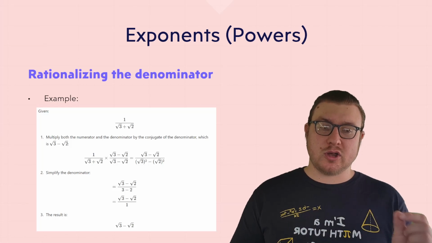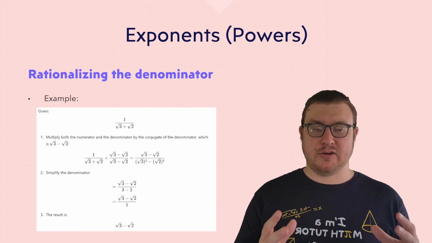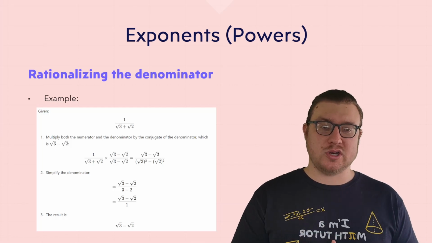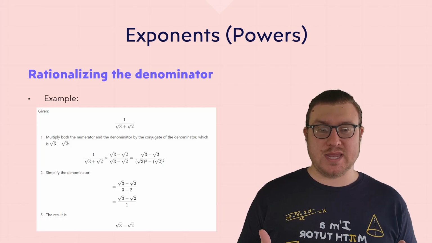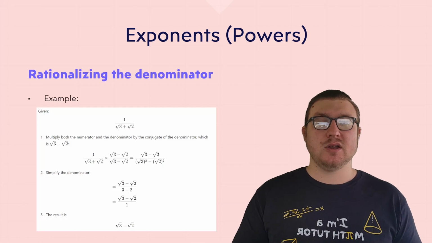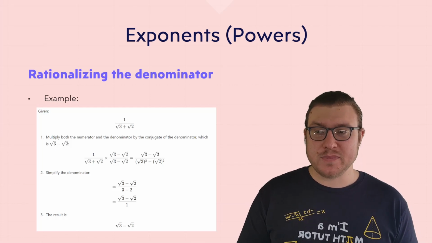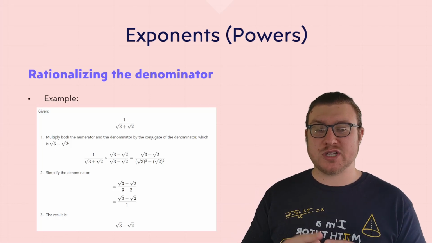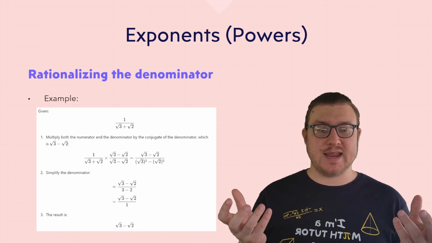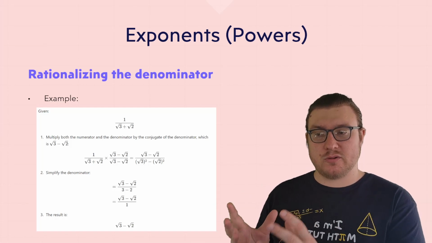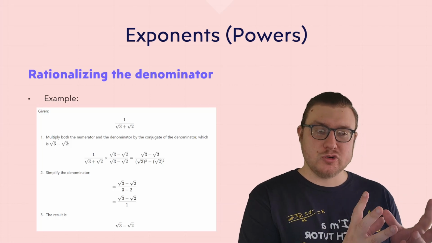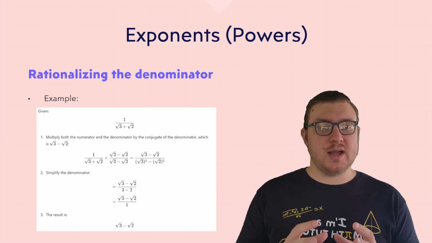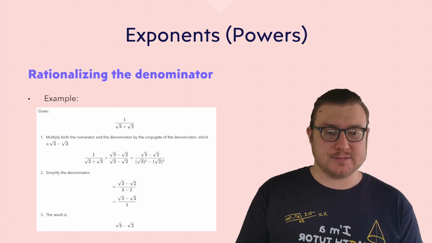Now, you can do the expanding separately and figure out what happens, or you can use the formula a plus b times a minus b to figure out what this is in one step. Basically the middle term always falls out, and it's just the end terms that stay squared. So we're going to end up with root 3 squared, root 2 squared, and in the formula, it's always going to be a minus.